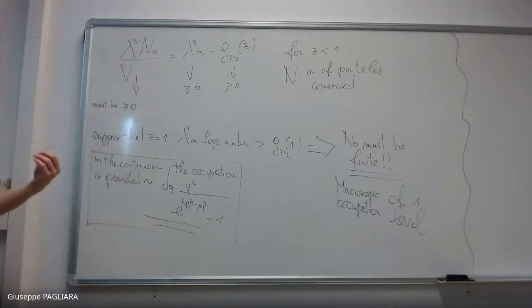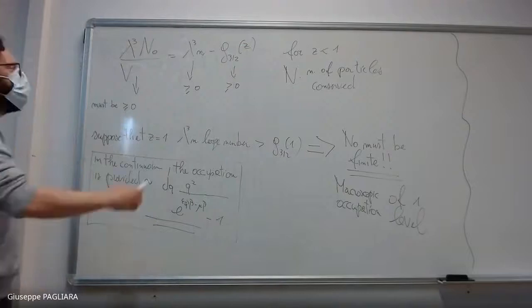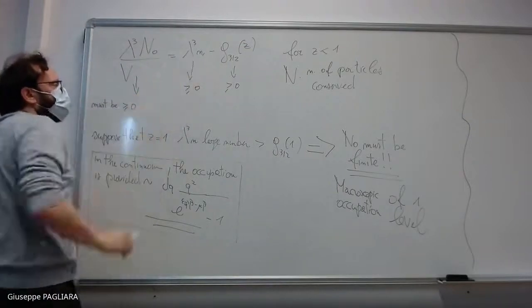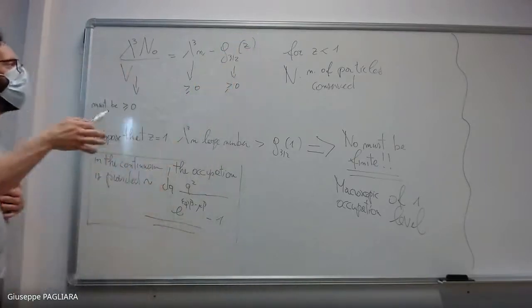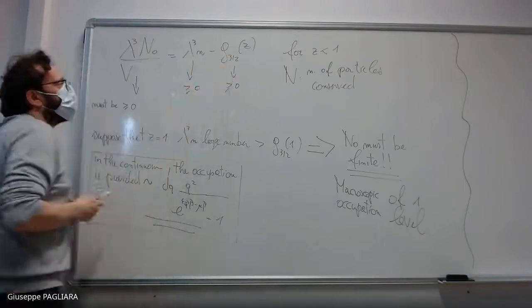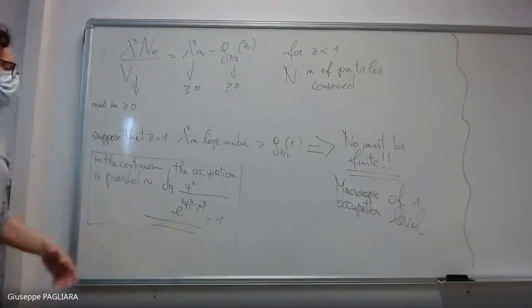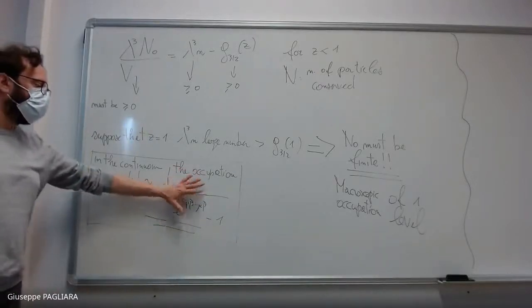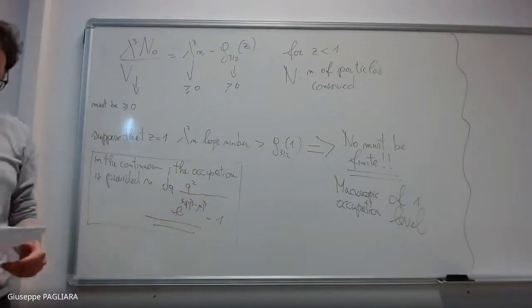And this is the core of the Bose-Einstein condensation that occurs when z is approaching 1, or is equal to 1, and this number here is larger than a certain threshold, that is this 2.6, which is the value of this function at z equal to 1. So in that case, n_0 is a finite number, therefore I have a macroscopic occupation of one single level. What is instead forbidden in the continuum because the occupation number is proportional to this quantity, which is clearly an infinitesimal quantity.